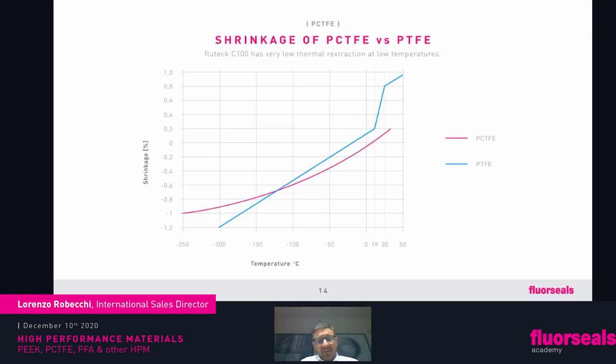You may think 1% shrinkage is a lot. Well, it's 100% less. Instead of 2 millimeters, if you have to engineer something, it's 1 millimeter. It's a huge change. So this is one of the reasons why you may want to use PCTFE compared to PTFE in very low cryogenic application. It does have a much lower shrinkage.